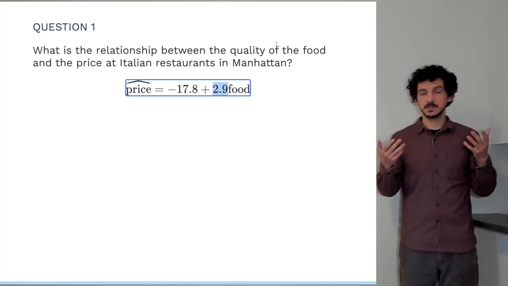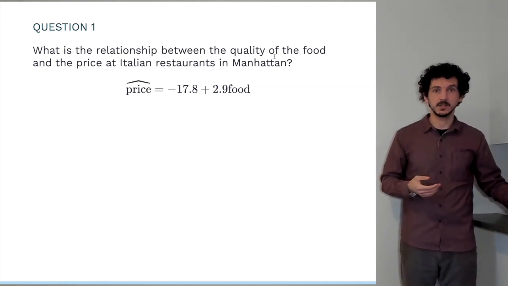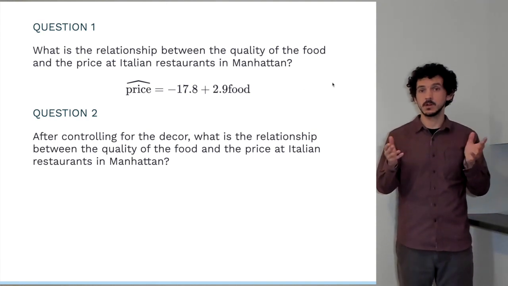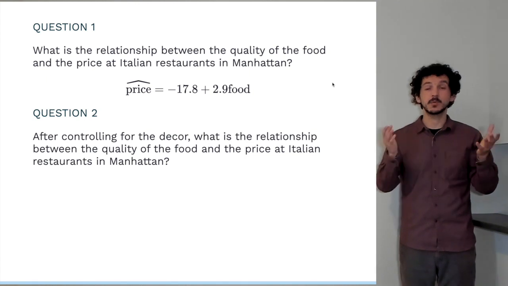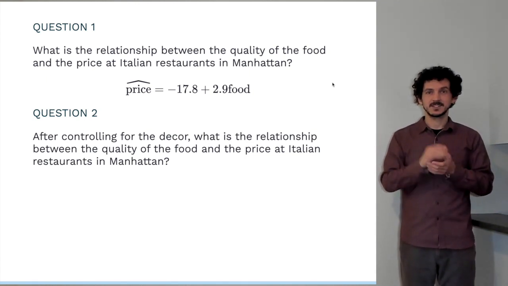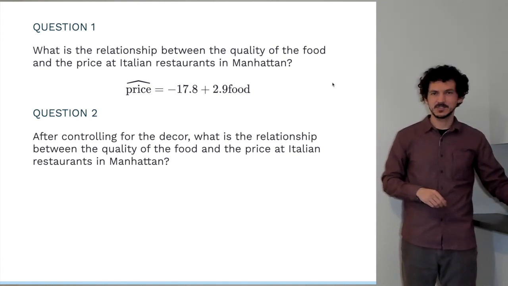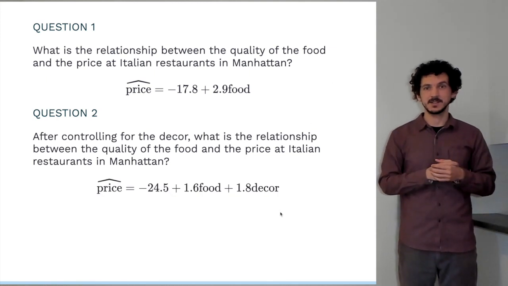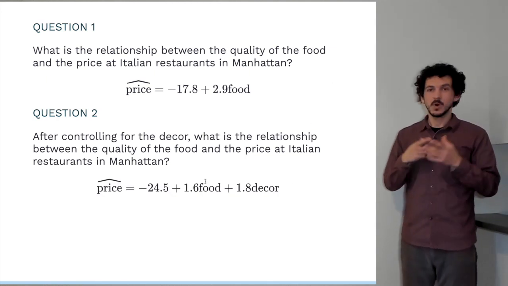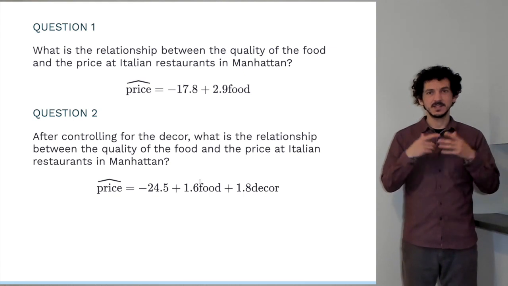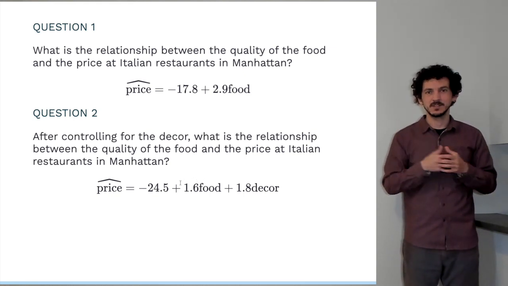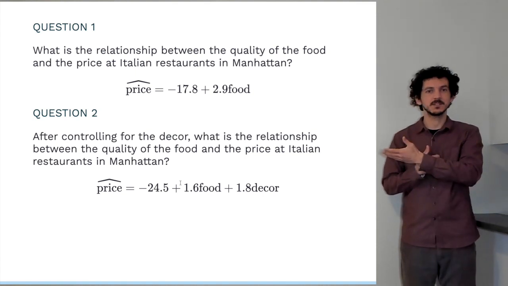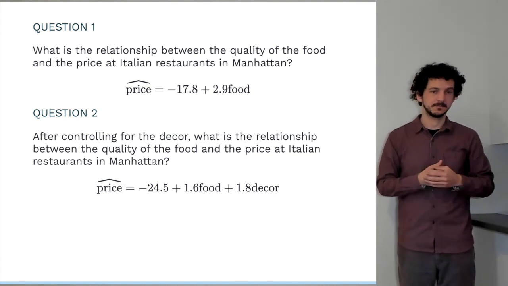Now, if we're interested in something slightly different, if we'd like to control for the quality of the decor, now what is the relationship between the quality of the food and the price at Italian restaurants in New York? Slightly more specific question. To answer it, we're going to need a slightly more complex model. So one way that you can think about these models is, all models are wrong, but some are useful, and they can be useful for answering these specific questions that you have.